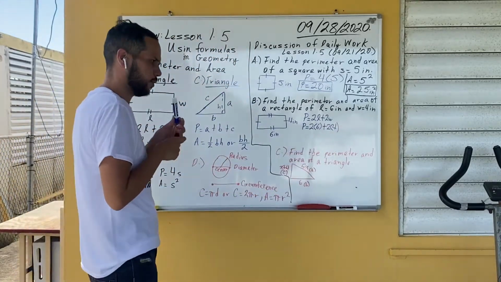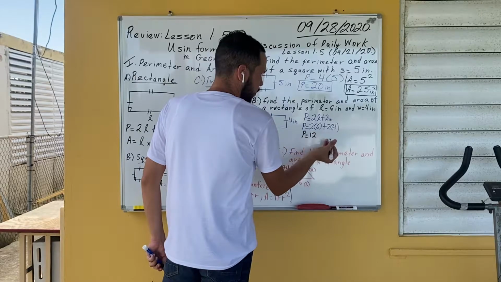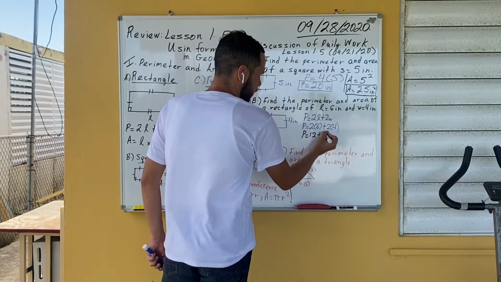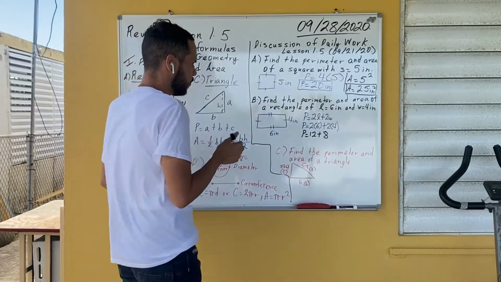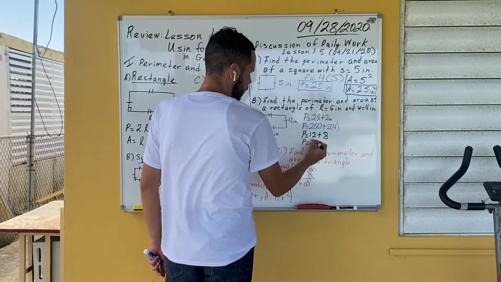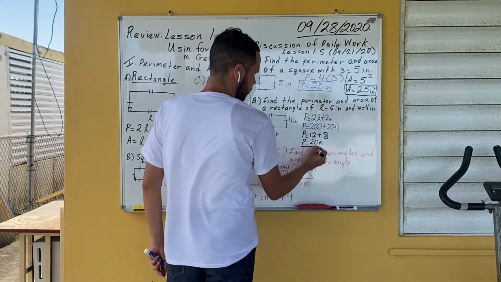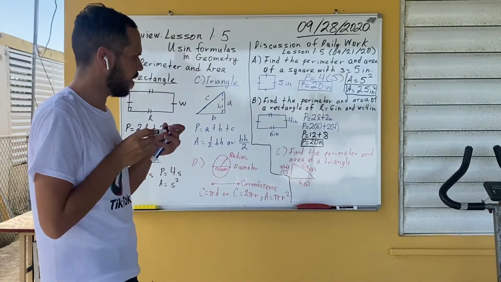I'm gonna obtain that 2 times 6 is 12, plus 2 times 4 is 8. So the perimeter for this rectangle is 20 inches. Okay, so there we have the perimeter.